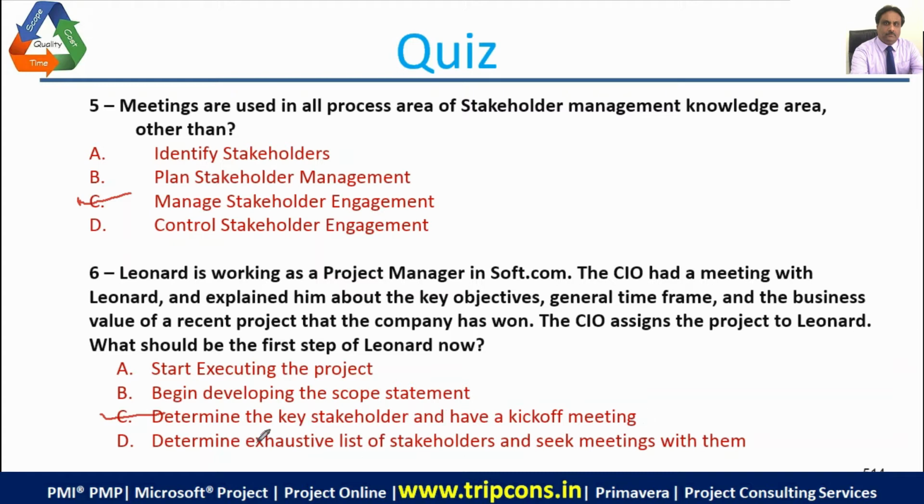First, you have to determine the exhaustive list of stakeholders and seek meetings with them. So you have a kickoff meeting with the team. Is the exhaustive list of stakeholders something you do later on in planning? Yeah, so you have to start it in the beginning because you have a list of the key stakeholders already available with you when you start the project, and then you determine the exhaustive list and seek meetings with them.